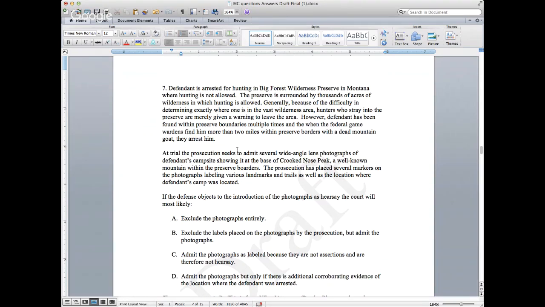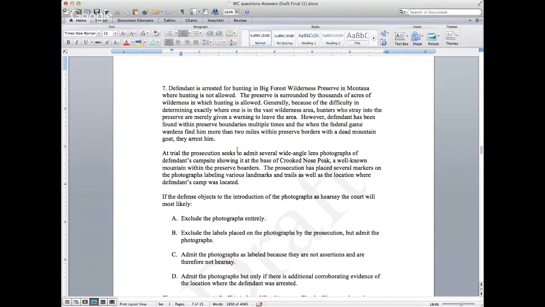The defendant is arrested for hunting in Big Forest Wilderness Preserve in Montana, where hunting is not allowed. The preserve is surrounded by thousands of acres of wilderness in which hunting is allowed. Generally, because of the difficulty in determining exactly where one is in the vast wilderness area, hunters who stray into the preserve are merely given a warning to leave the area.